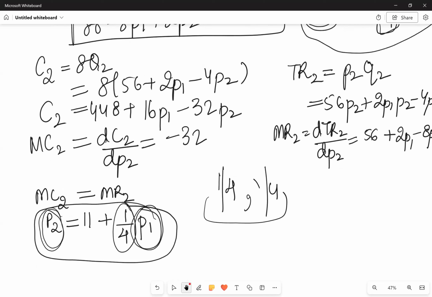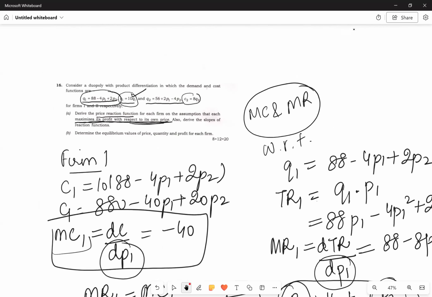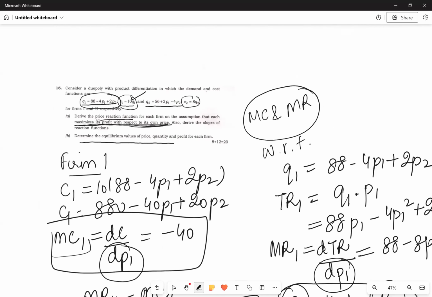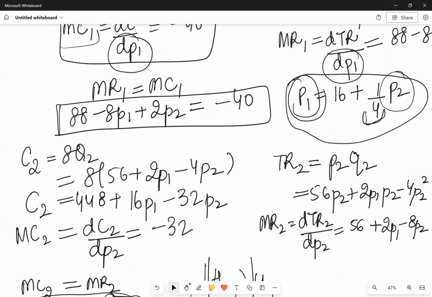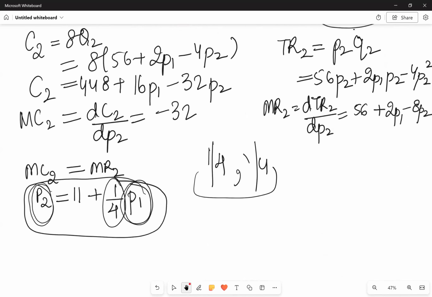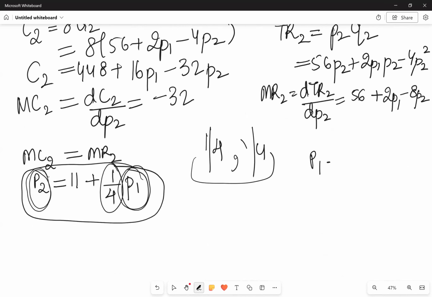Now, moving on to part 2. Determine the equilibrium values of price, quantity, and profit for each firm. So now we know the reaction curves. We'll just write them once: P1 is equal to 16 plus 1 by 4 P2.